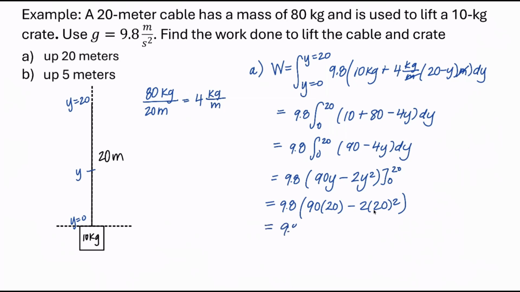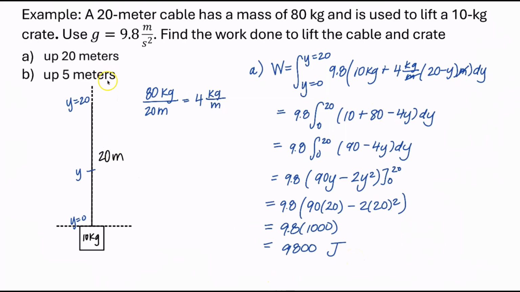So I have 9.8 times 1000, or 9800. And the units here are either newton meters or joules, so I'm just going to write J for joules. So the work done to lift the cable and the crate up 20 meters is 9,800 joules.